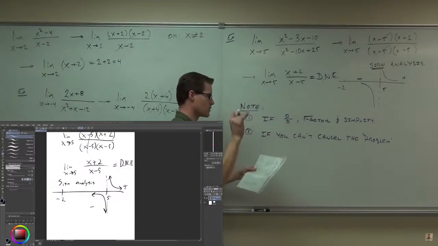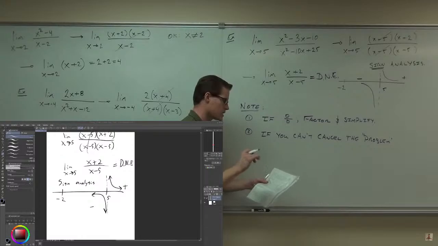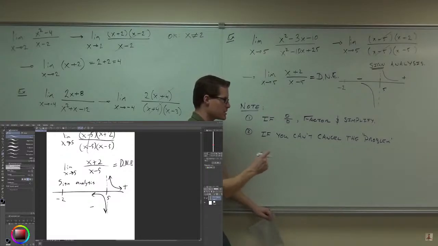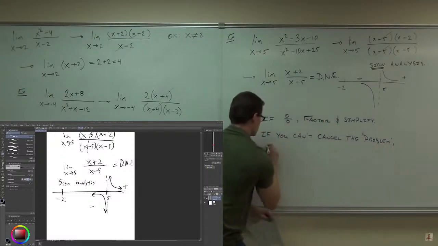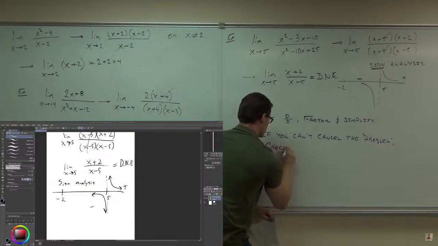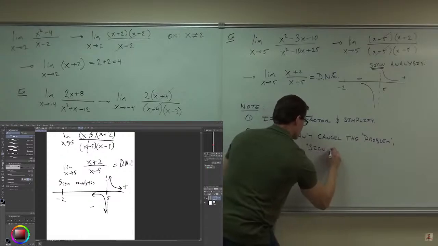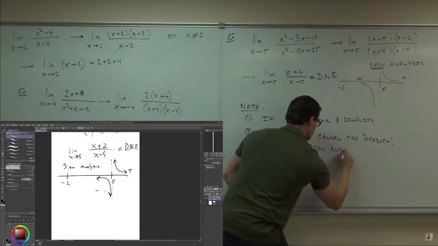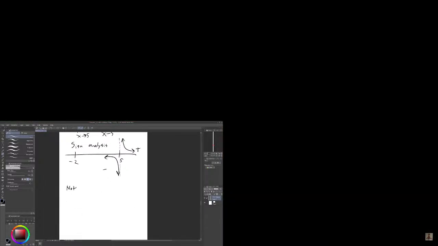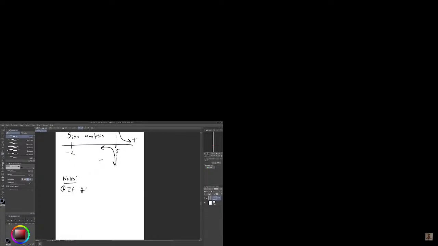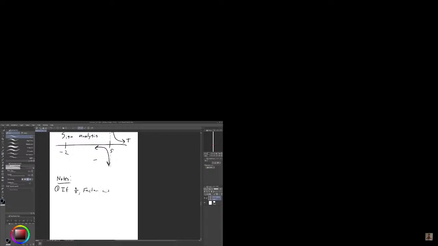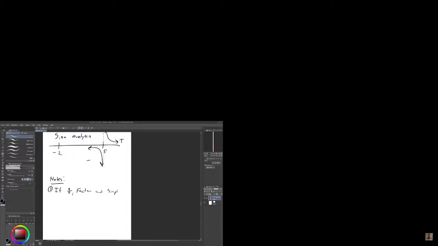So if you cannot cancel the problem on the denominator, check with sign analysis because the limit might not exist.